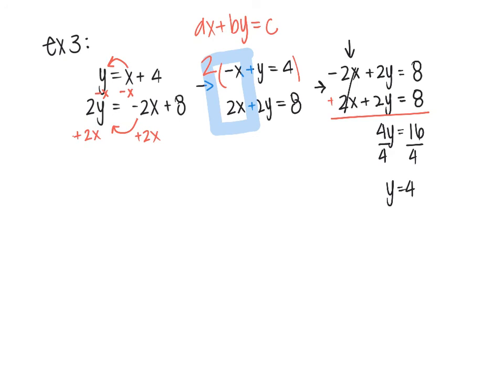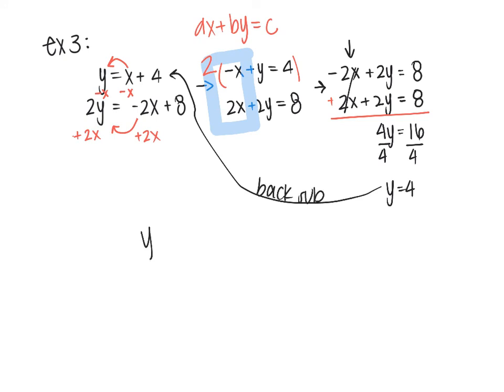Now I'm going to take that and substitute it into either equation or the ones that were solved for. Now I see that this top equation, y equals x plus 4, if I plug it in to that one, then it'll be kind of an easier step. I'll just have to move the 4 over. So I'm going to back substitute it in there.